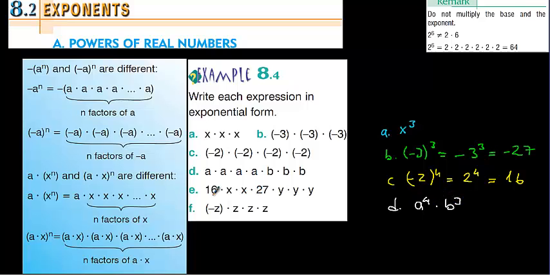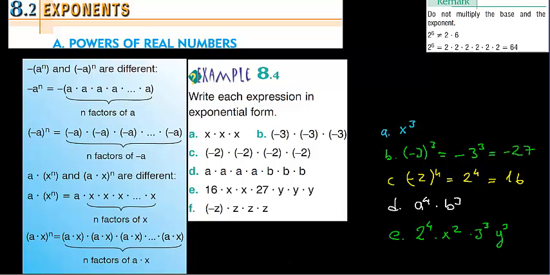Here x, 27 and 16 are different terms. We can write them as prime numbers, 16 and 27. Here it's going to be equal to, again, 16 is equal to 2 to the power of 4, x times x is equal to x squared, 27 is 3 to the power of 3, and y is y to the power of 3, because y is multiplied by itself 3 times.